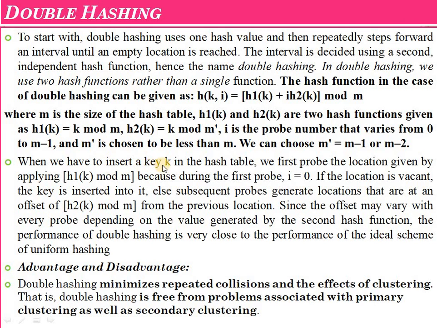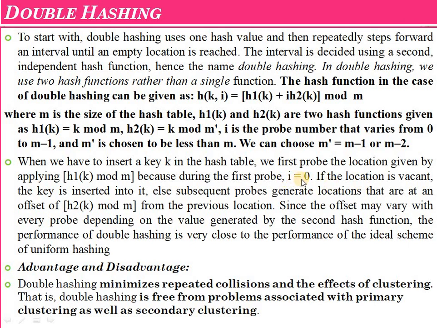When we have to insert a key k in a hash table, we first probe the location given by applying h1(k) mod m, because during the first probe i equals 0. If the location is vacant, the key is inserted into it.